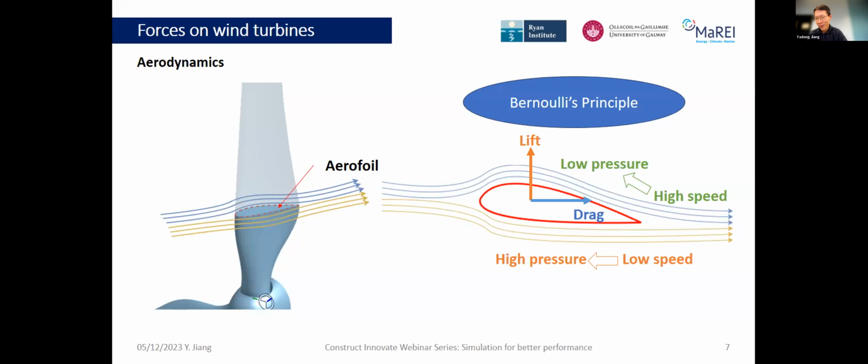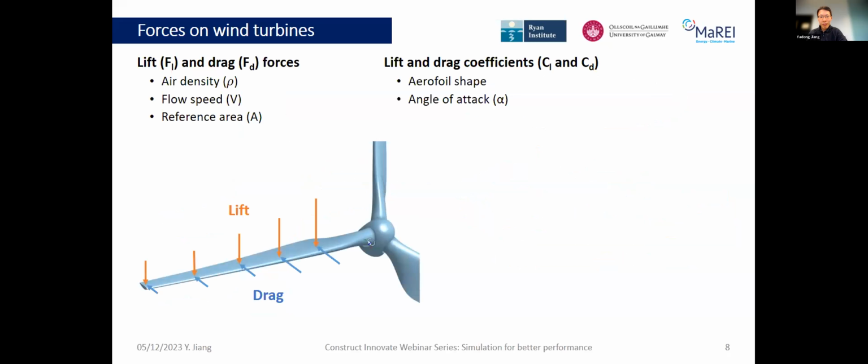As you know, the blade is constructed with a series of airfoils, so the wind will generate a series of lift and drag forces along the blade. To analyze these lift and drag forces, these two equations can be used.